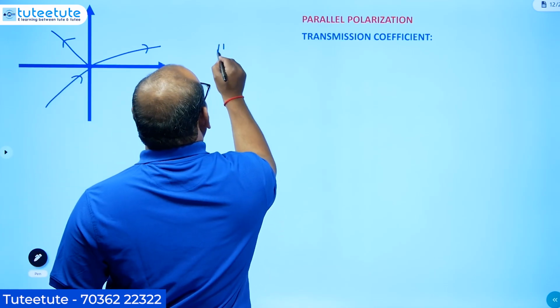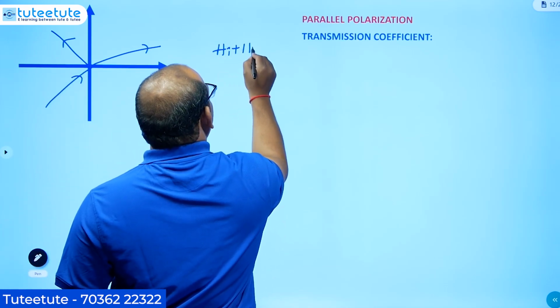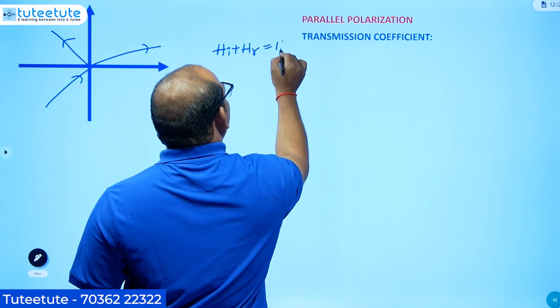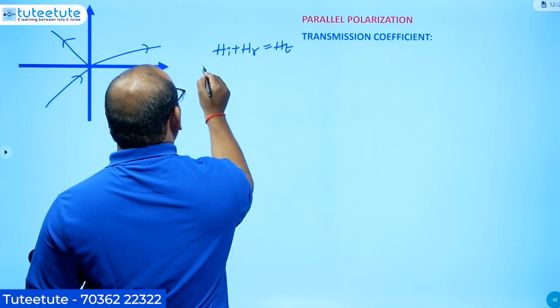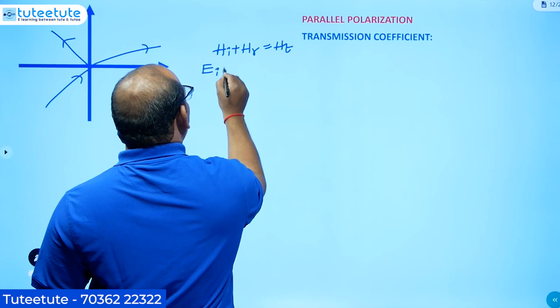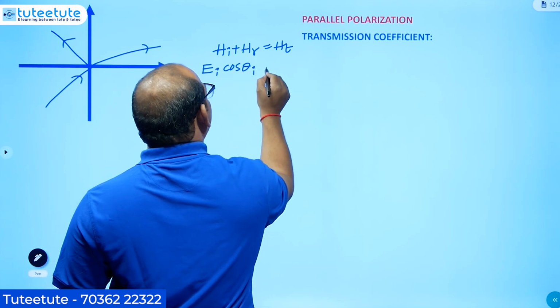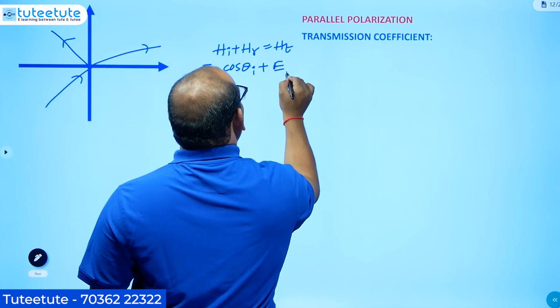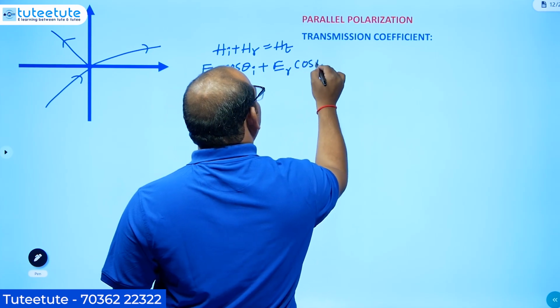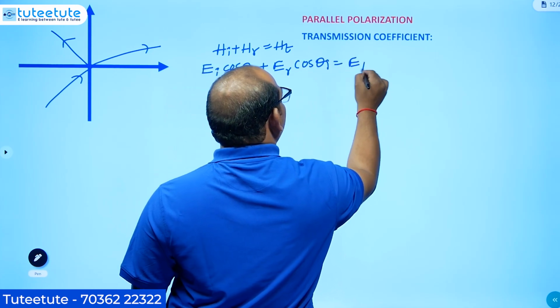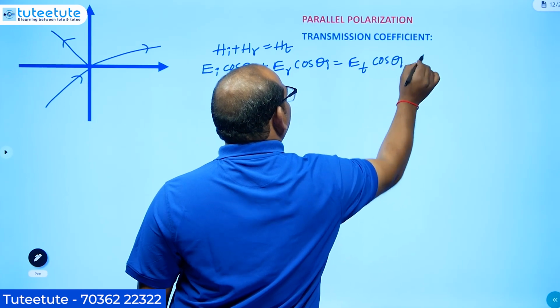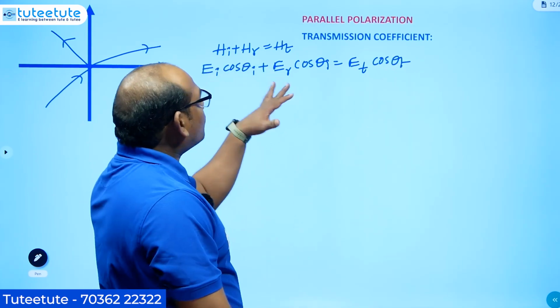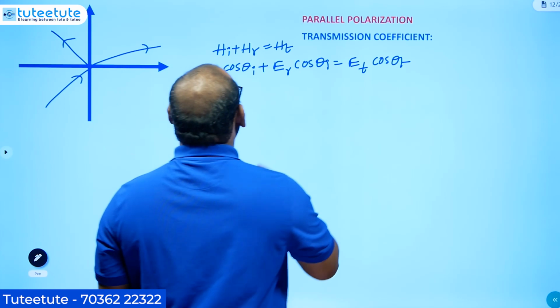So HI plus HR is equal to HT. Next, EI cos theta I plus ER cos theta I is equal to ET cos theta T. Just according to the boundary conditions we have written these two equations.